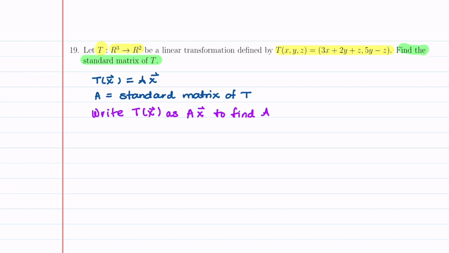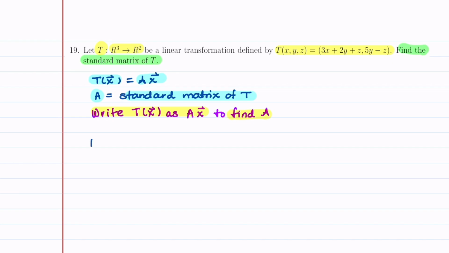So let's walk through this. If T of x is a linear transformation, it's defined as T of x is equal to A times x, and that A is our standard matrix of T. So to solve this problem and find the standard matrix of T, we're going to write T of x as A times x, and then we're going to be able to back out what matrix A is.